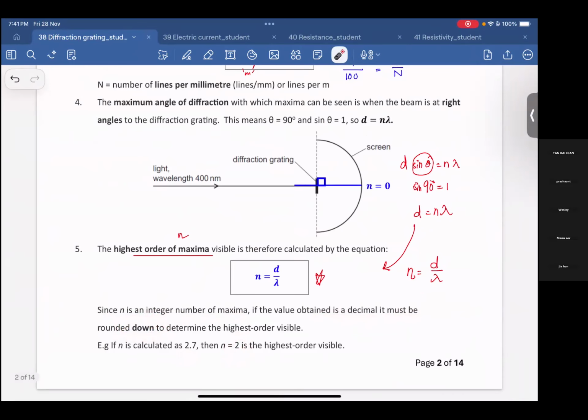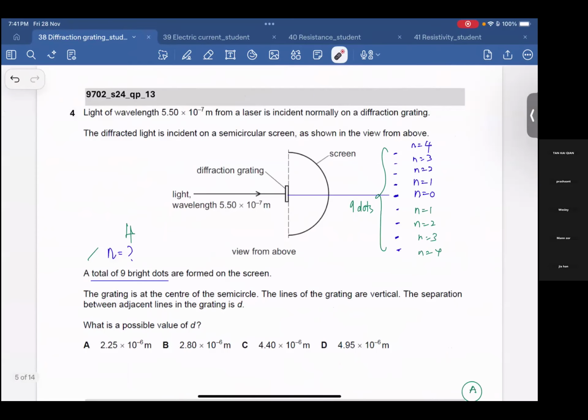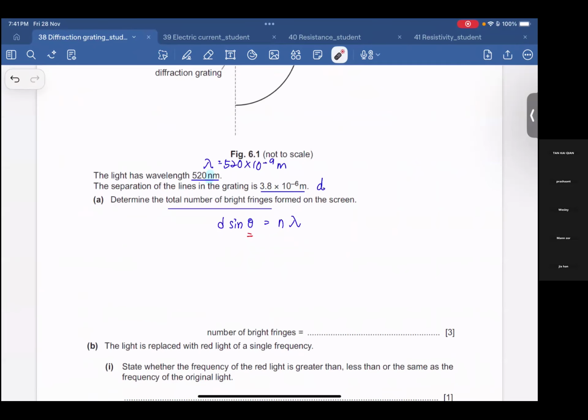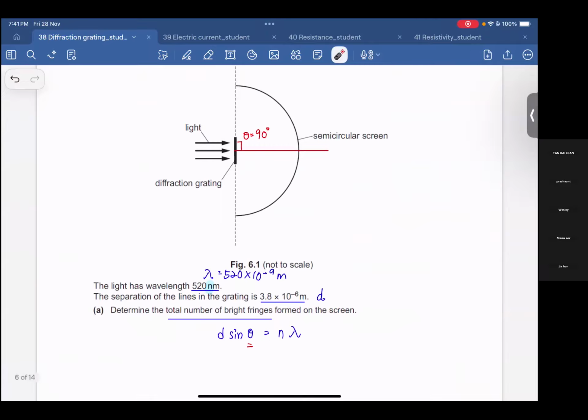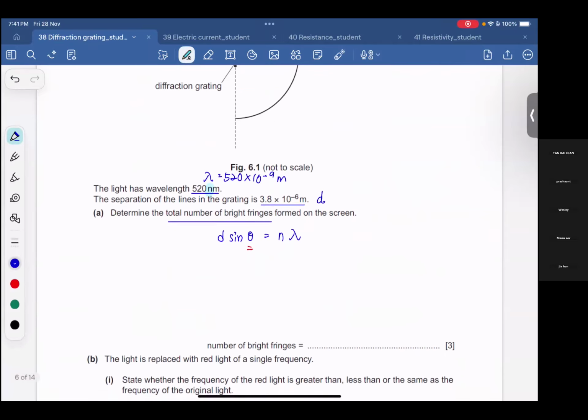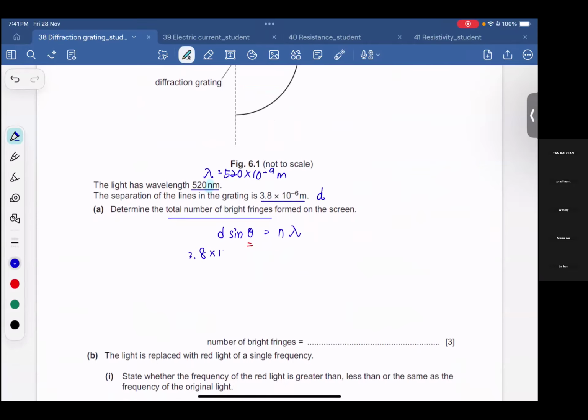Next, let me check others' answers. Kai Chen, correct. Fawao, no. Almost there. If you do the calculation, you will get 3.8 times 10 to the power of negative 6 sin 90 degrees equals n.